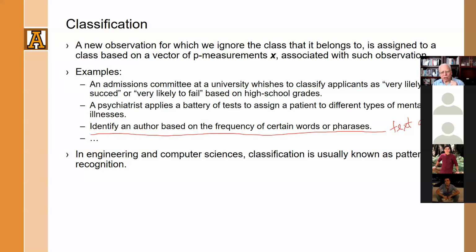What has shown to work very well are neural networks and something that are called recurrent neural networks. Okay. In engineering, classification is called pattern recognition. Okay, in engineering they call it pattern recognition, but it's essentially the same.